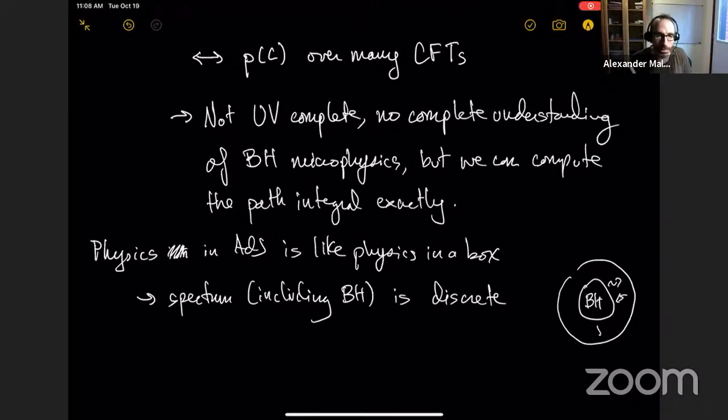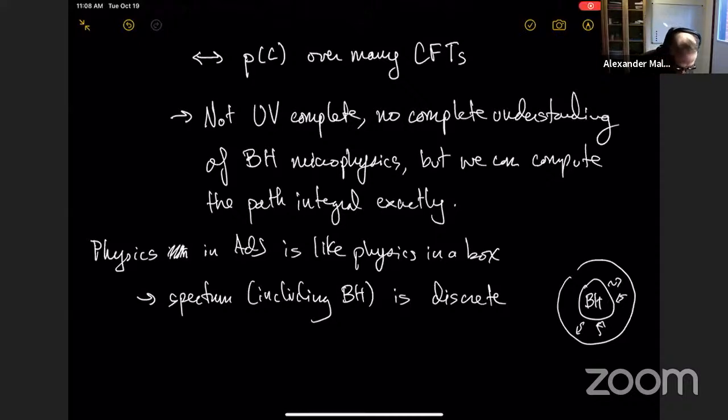So in any complete theory of quantum gravity in anti-de Sitter space, you would expect a discrete spectrum of states. And indeed, in any conformal field theory, at least in any standard compact conformal field theory, the spectrum is going to be discrete. In particular, the spectrum of operators, which is the same as the spectrum of states because of the state-operator correspondence, is going to be a discrete spectrum. So in any single compact conformal field theory, you're going to get a discrete spectrum.